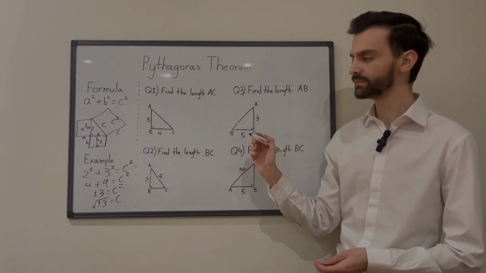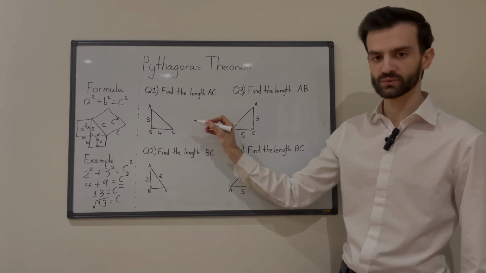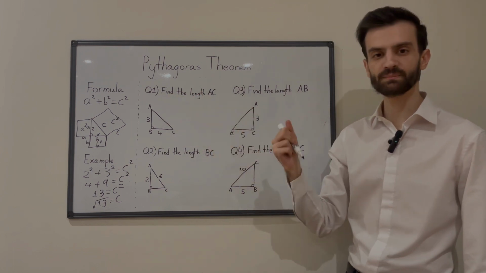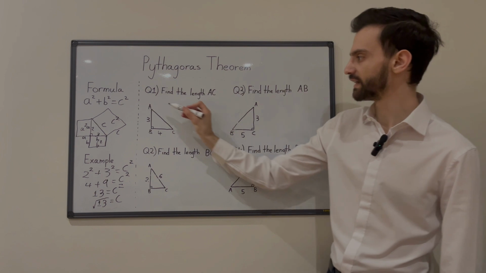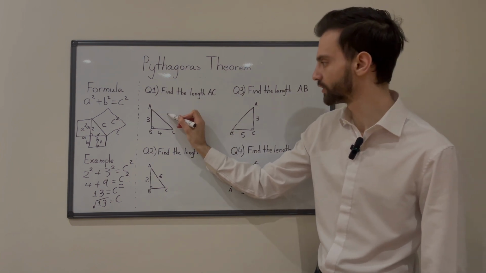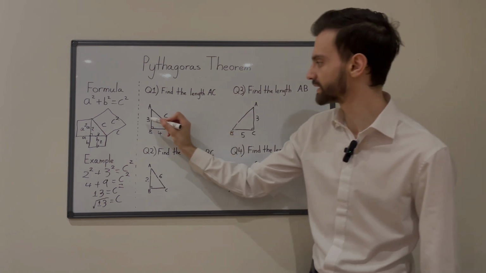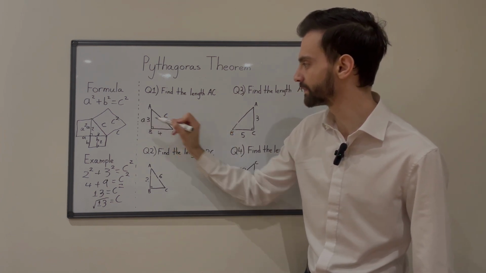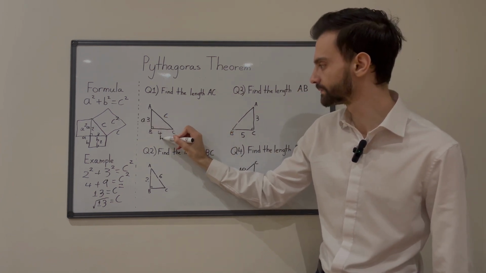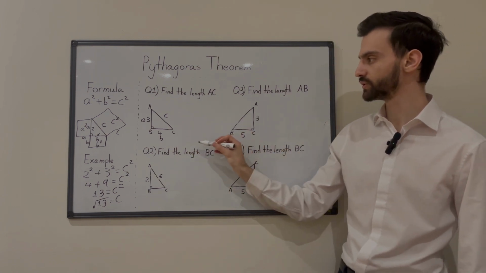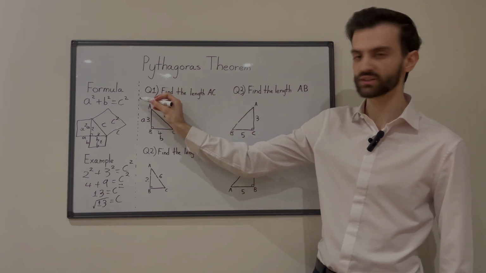So, first step here, we're going to label this triangle, all in lowercase a, b, and c. We have our longest length here, which is lowercase c. A and B, again, I get to choose. So I'll call this A, I'll call this B. I'm going to substitute this into this equation.